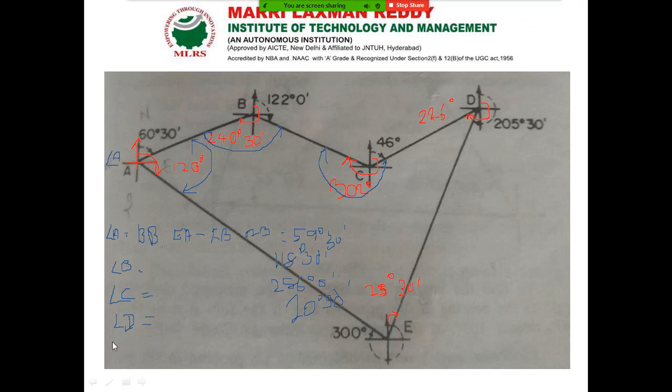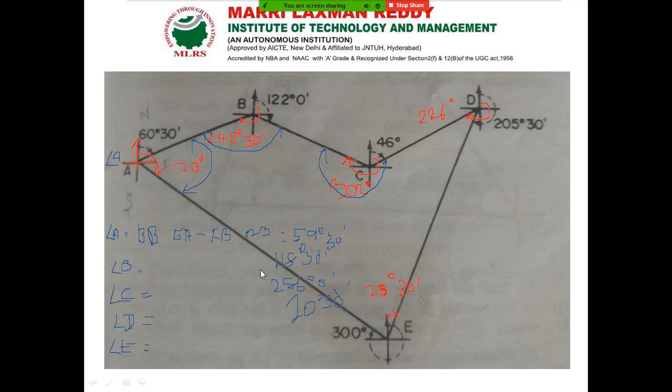And included angle E, that is for final point. So here the back bearing of previous line is 25 degree 30 minutes, and the forebearing of next line is 300 degree.